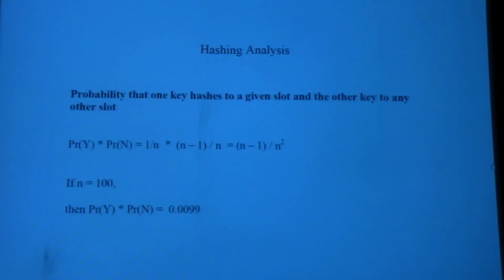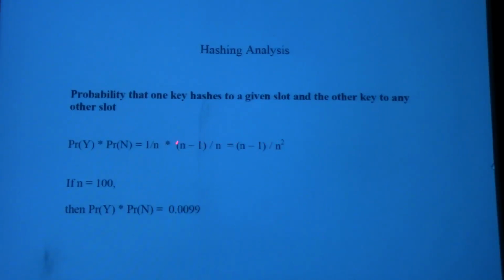Okay. Now, the probability that one key hashes to our given slot and the other one does not is the probability of yes times the probability of no, which is 1 over n times n minus 1 over n. Think about it: the bigger n is, the closer n minus 1 over n approaches unity, 1.